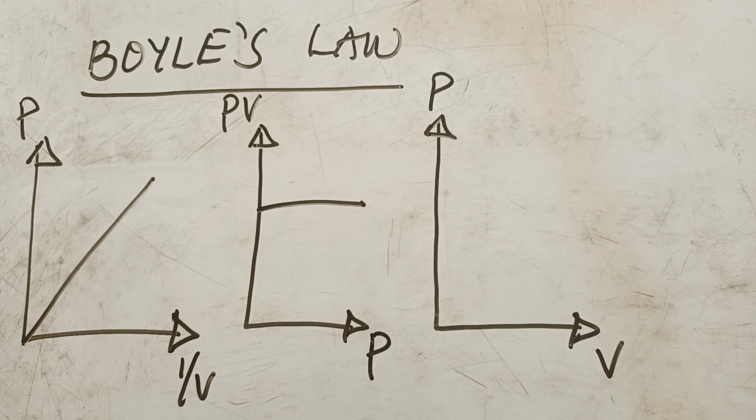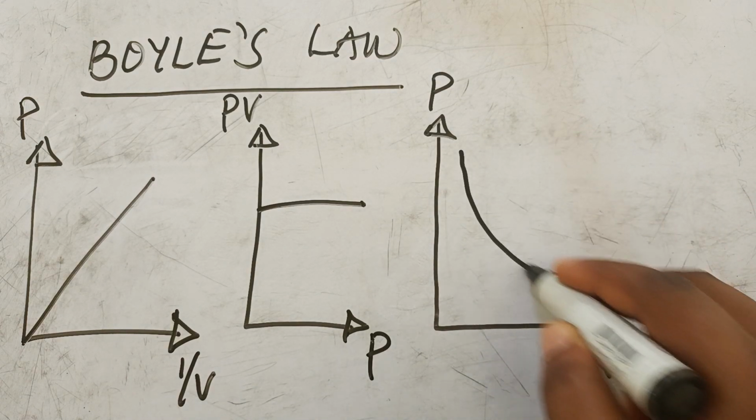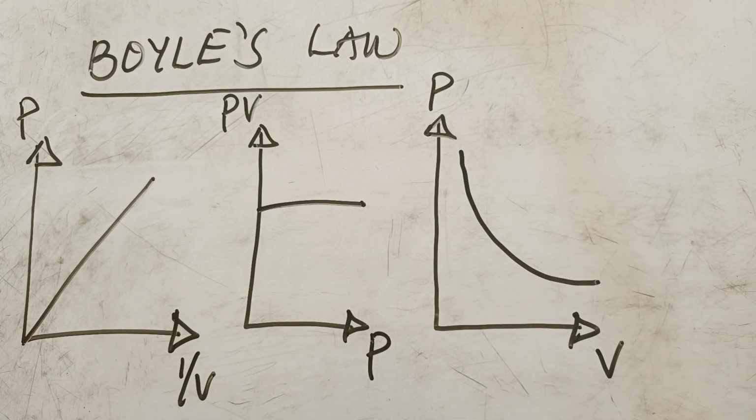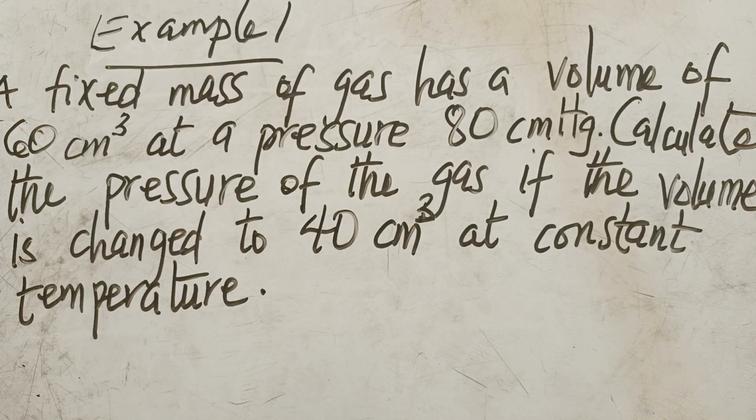And where you have P versus V, or pressure versus volume, you have a curve that way. So these are three representations of Boyle's law graphically that we need to have awareness of.